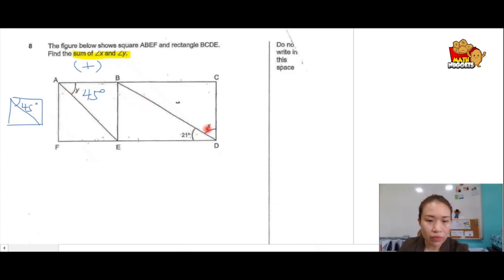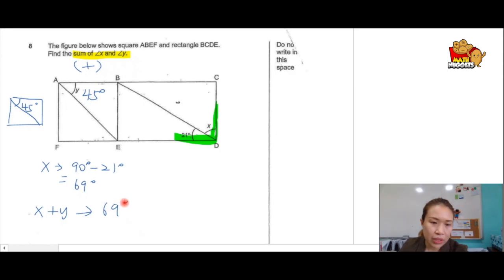Okay, so as for angle X, this is 90 degrees, isn't it? So to find angle X, it will be 90 degrees minus 21 degrees, which is 69 degrees. So X plus Y will be 69 degrees plus 45 degrees, which is 114 degrees.